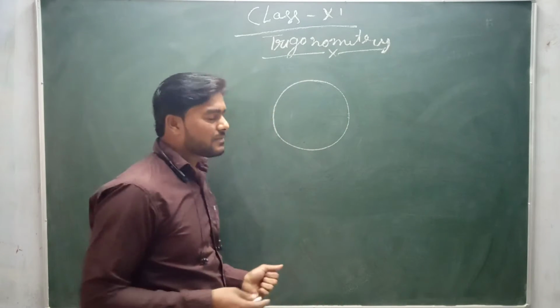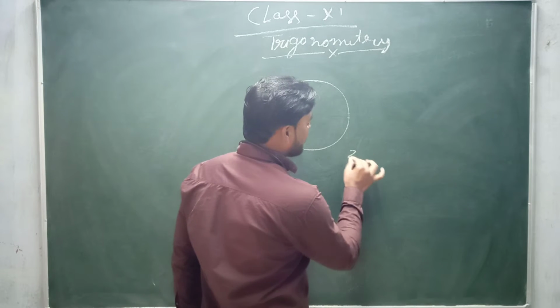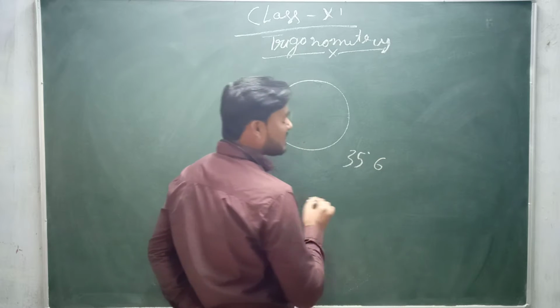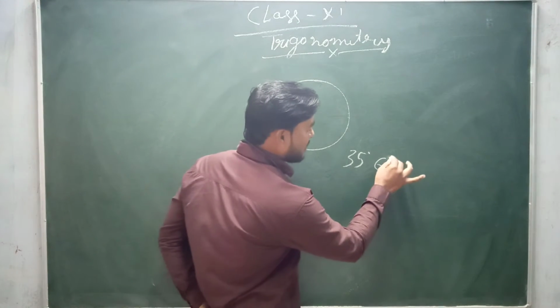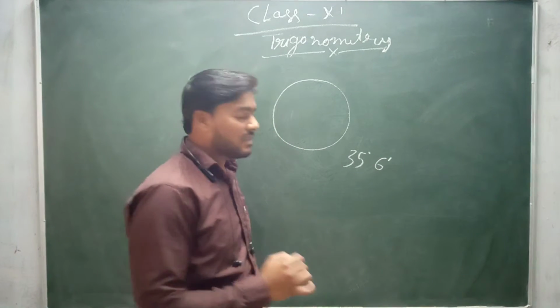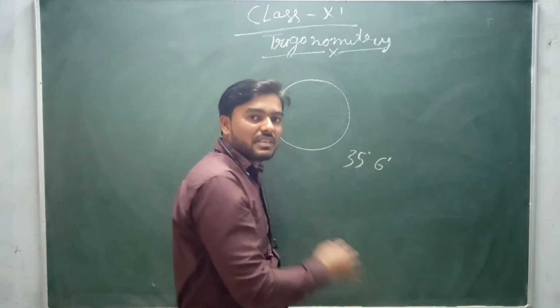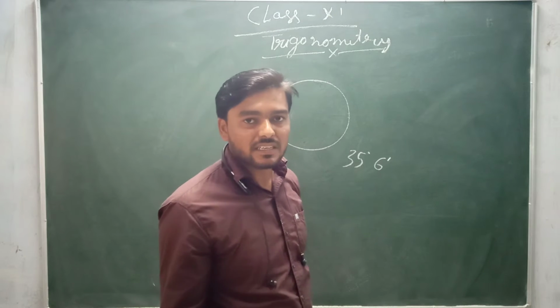For example, 35 degree 6 minutes. How do we show the minute sign? With 1 dash. This will be the minute sign. 35 degree 6 minute. Now minute is also converted into seconds.